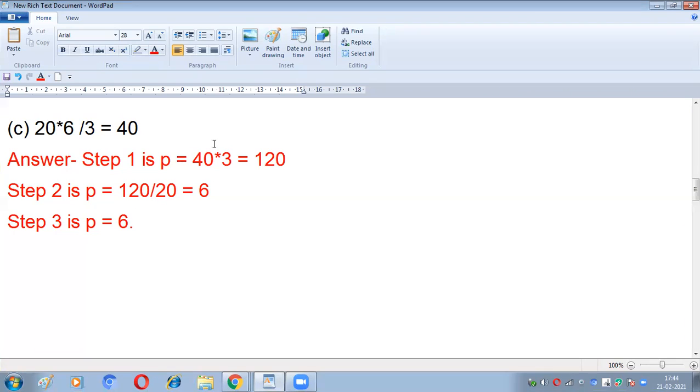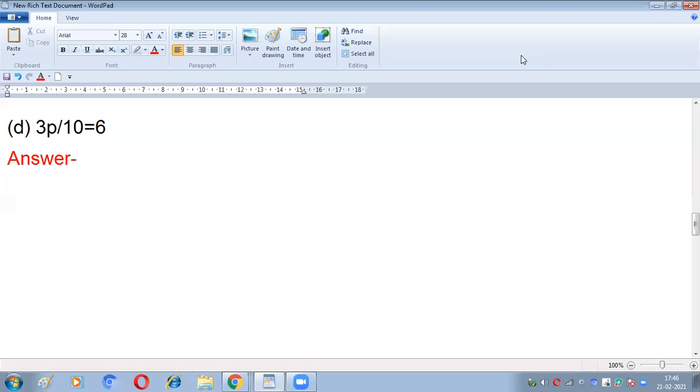So let's proceed to part D, friends. Our part D is 3p upon 10, which is equal to 6. So 6 is the result. 10 has the sign of division, and 3 has the sign of multiplication, 3 dot p, 3 multiplied by p.